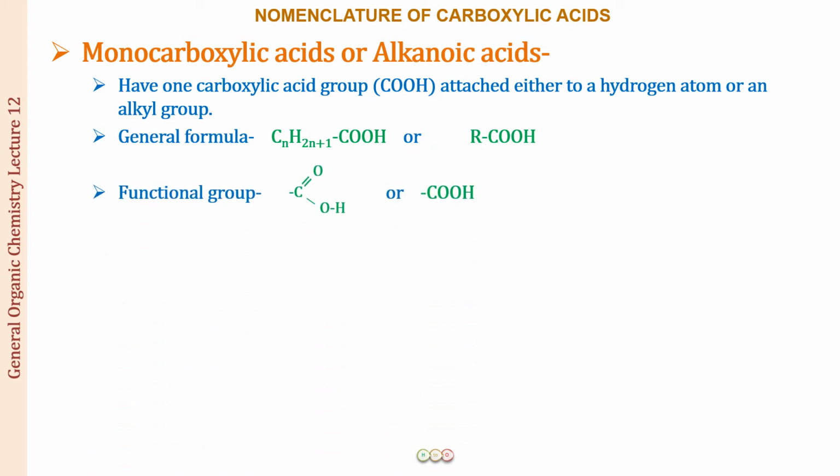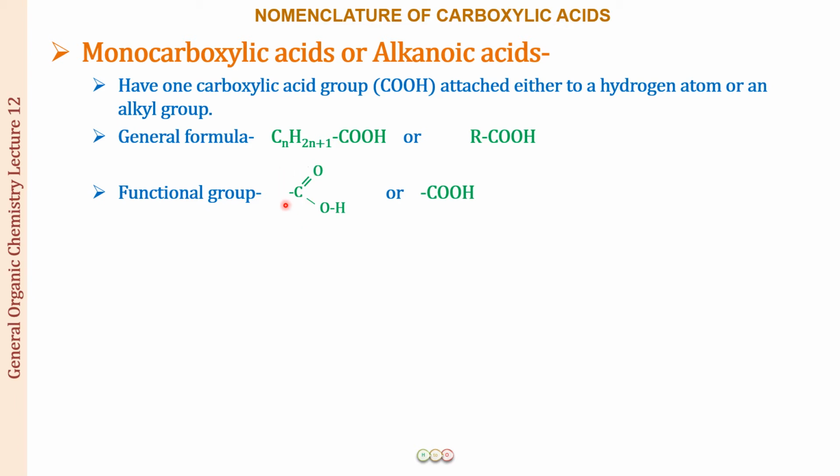The next is the functional group. Now you know that the functional group is COOH. Here we have a carbon double bonded to an oxygen atom, and on the other valency we have an OH group, right? So the carbon's covalency is completed by one H or an alkyl group, then an oxygen double bonded to the carbon, and an OH group attached to the carbon.